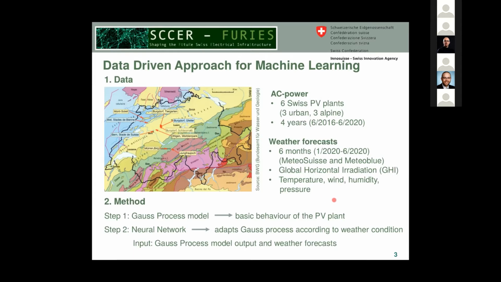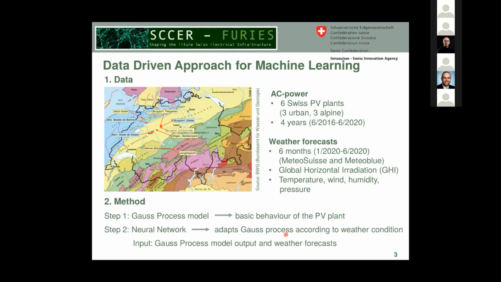And secondly, having the results from the Gaussian process, we put this into a neural network, which then combines the actual weather forecasts together with this first prediction in order to incorporate these time local influences of the weather into the model.